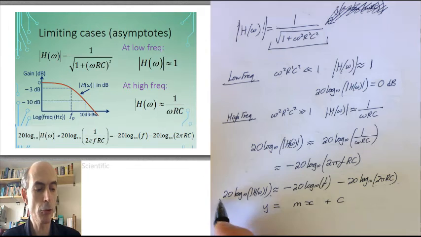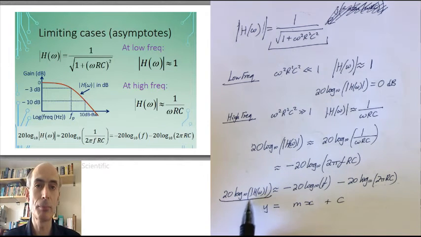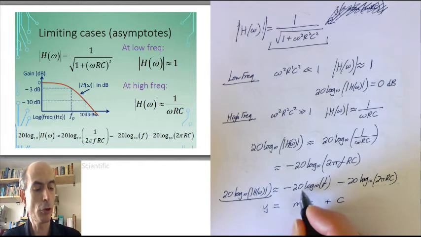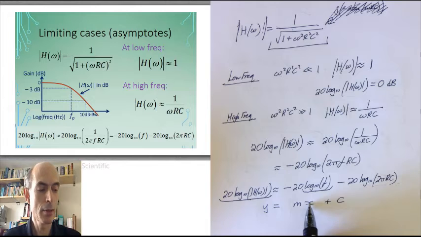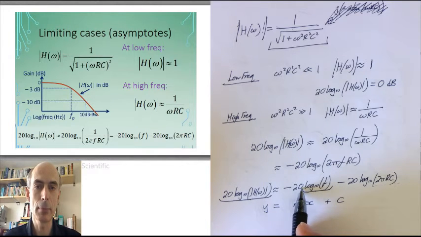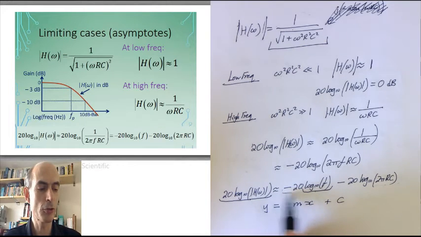If I put the amplitude gain in dBs on the y-axis, and the logarithm of the frequency on the x-axis, then the gradient of the graph should be minus 20. That's a constant. I've got a straight line here with a gradient of minus 20.